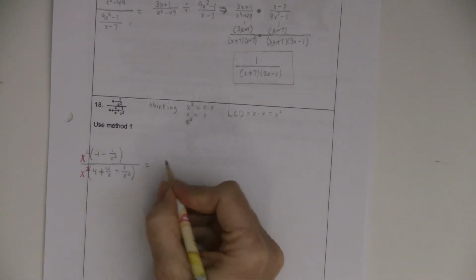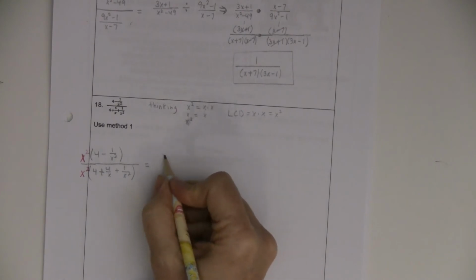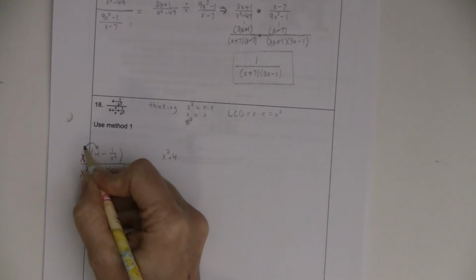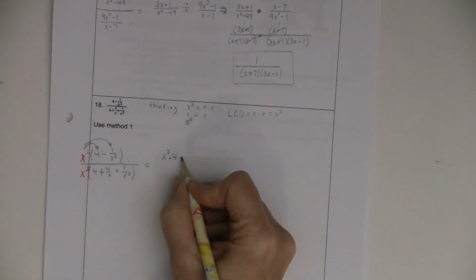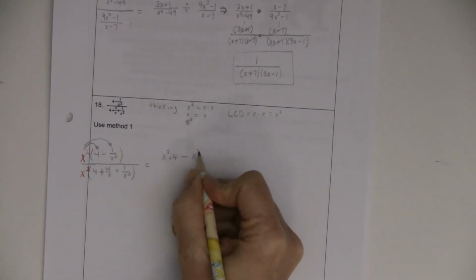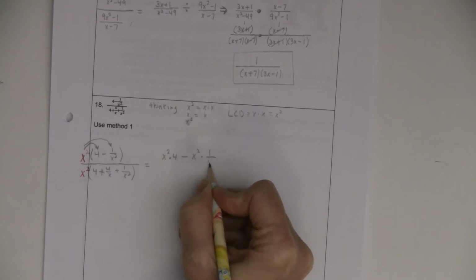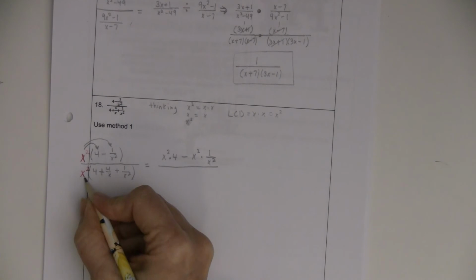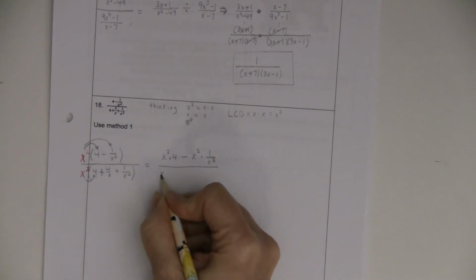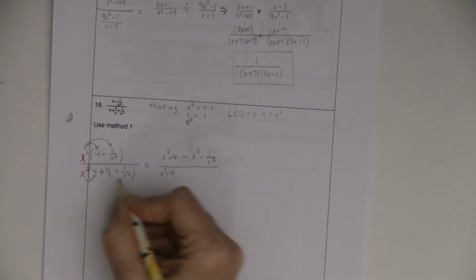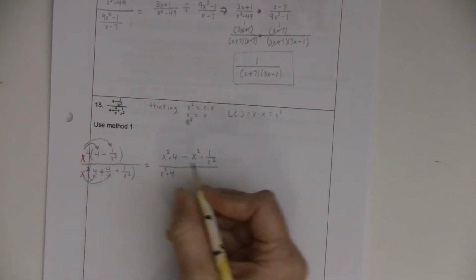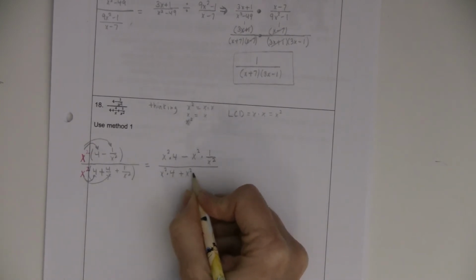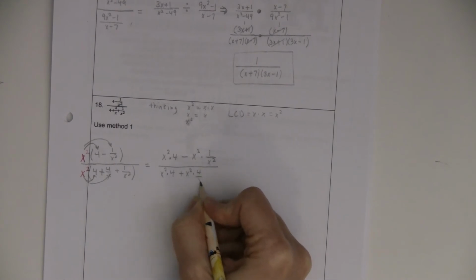So how this will look, and I'm just going to write it out, x squared times 4, right, when I distribute here. And then here, this is going to be minus, and then x squared times 1 over x squared. And then in the denominator, distributing x squared times 4. And if you're saying, hey, that's backwards, you're right, I'm going to fix it. If you want to fix it right now, you can. x squared times 4 over x.